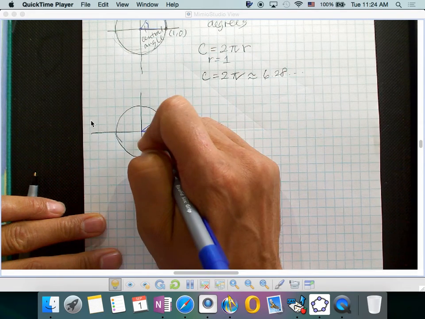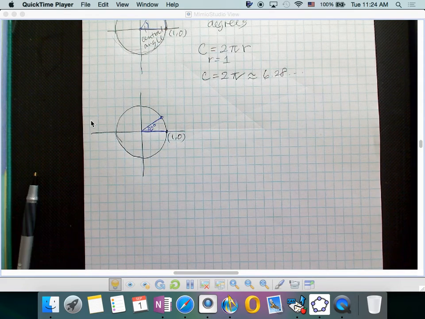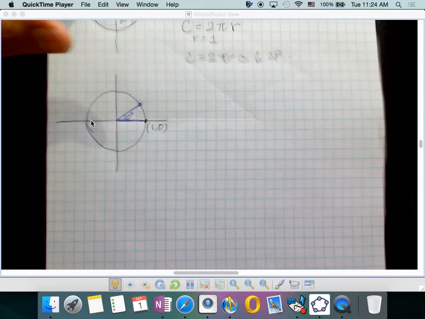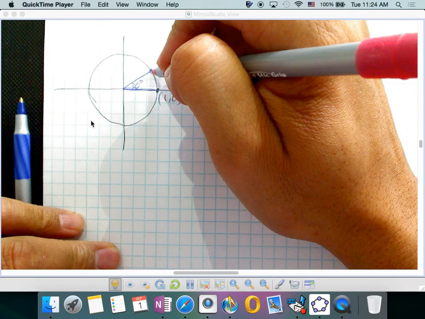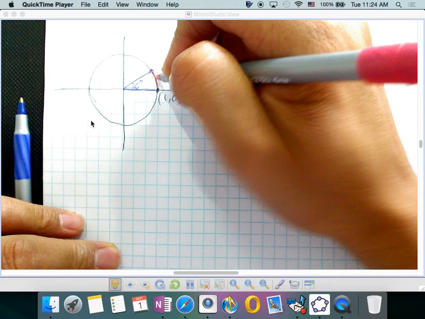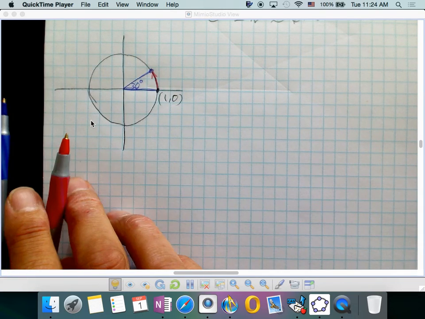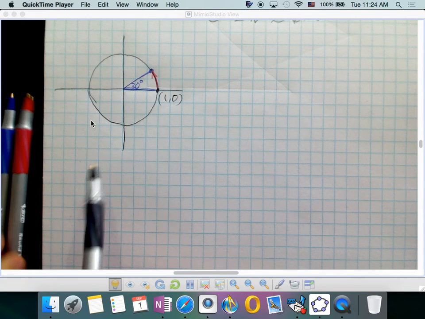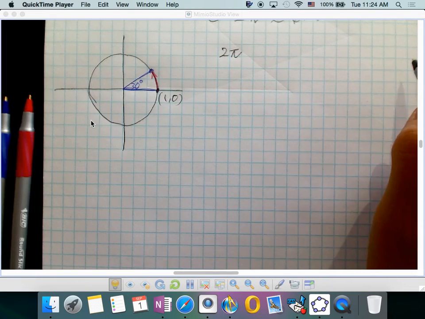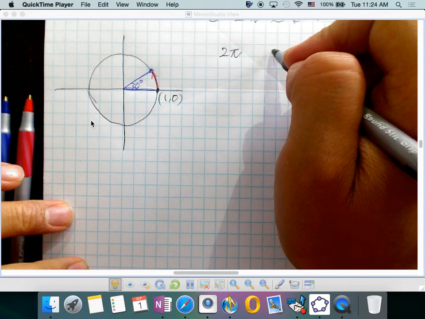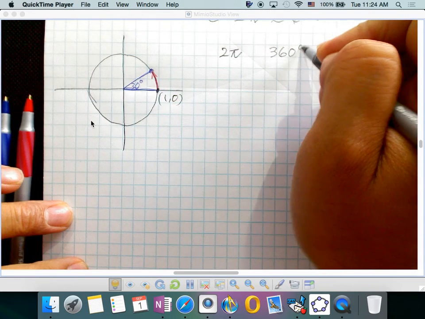So let's say that's 30 degrees. Now the question is, how long will you be traveling from the starting point? We know if we go around the circle, that's 2 pi, which is the same as going around 360 degrees.